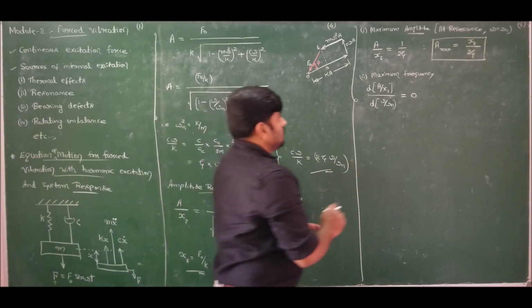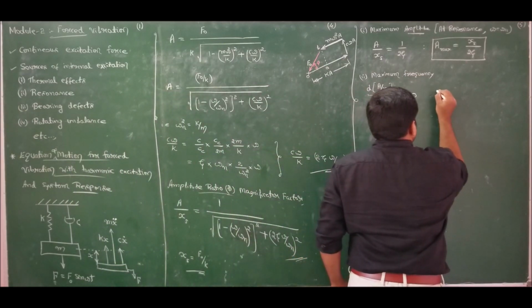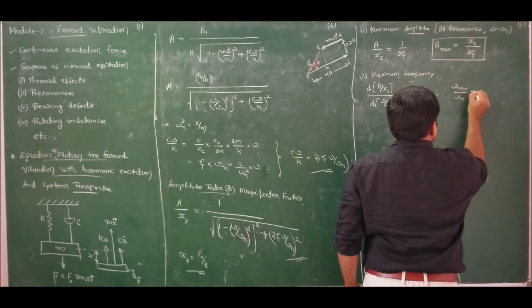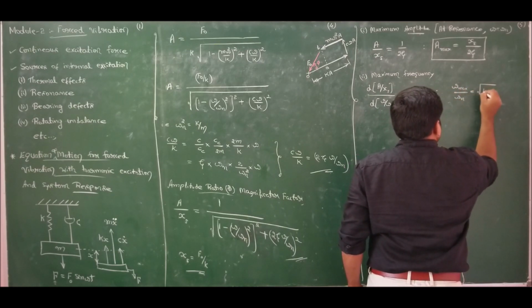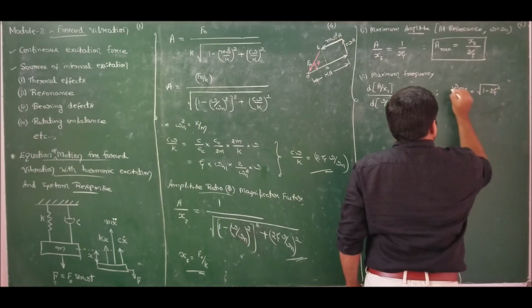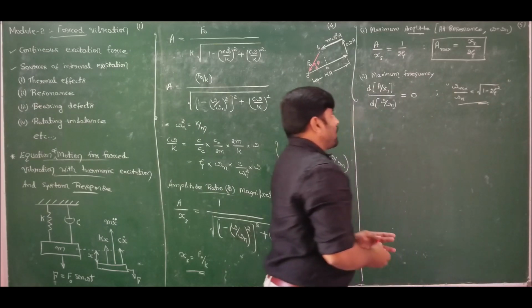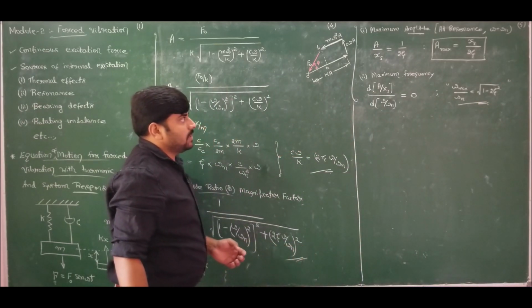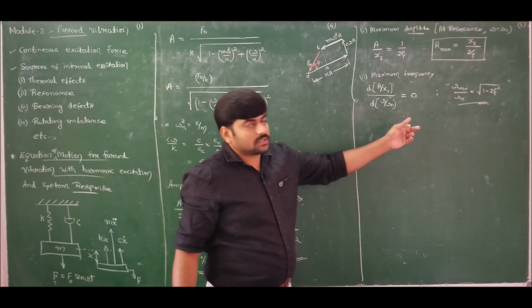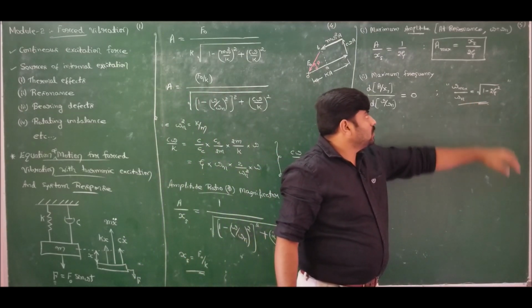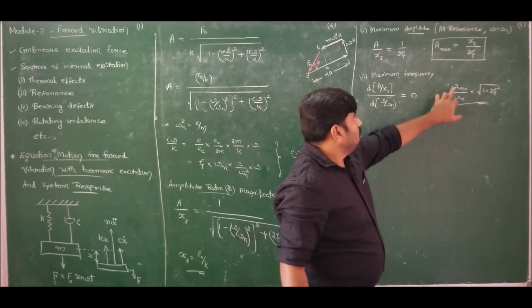If you do that, you will get omega max by omega n as root of 1 minus 2 zeta square. So therefore the maximum excitation frequency is root of 1 minus 2 zeta square into omega n. That is the expression for omega max.